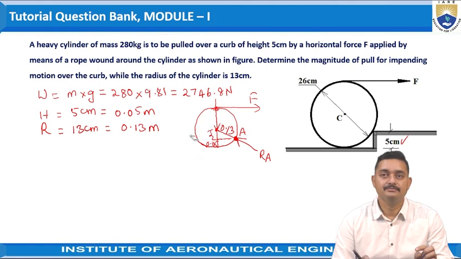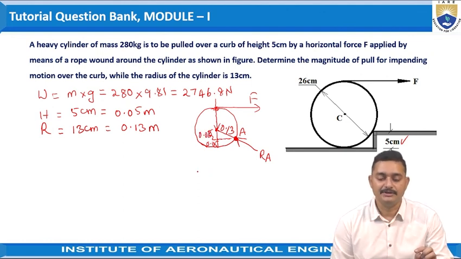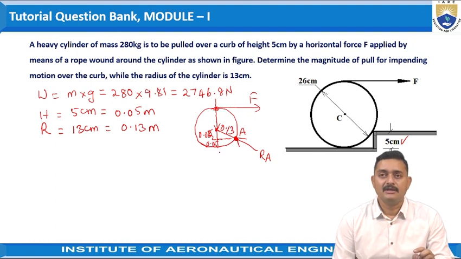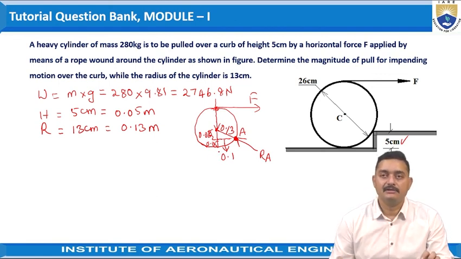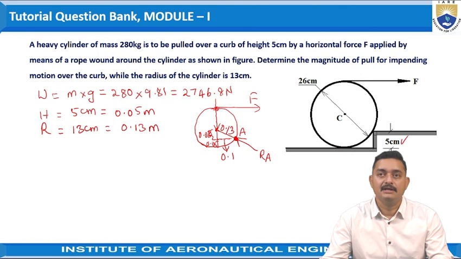This length would be 0.08. If we consider this as a right angle triangle, this length would be obtained as 0.1. Simple triangle equation.